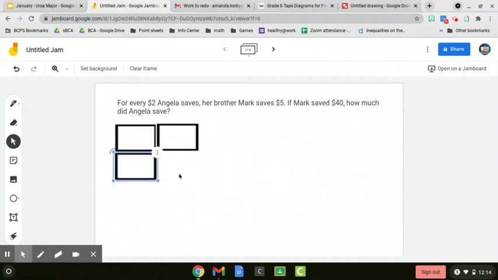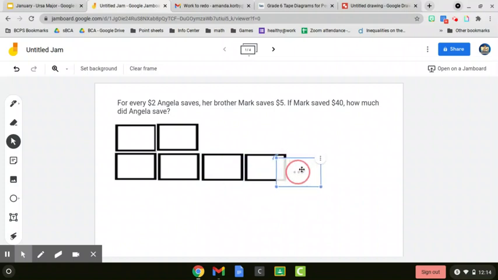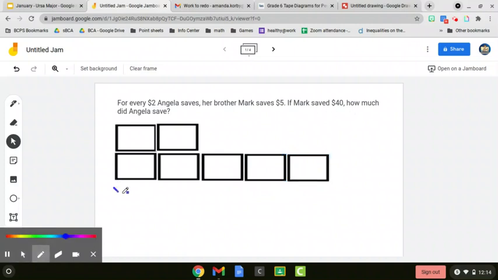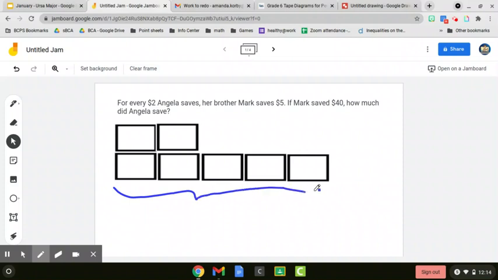So we do 1, 2, 3, 4, 5. So here's our tape diagram. Mark saved $40. So we know that all of this is equal to 40.